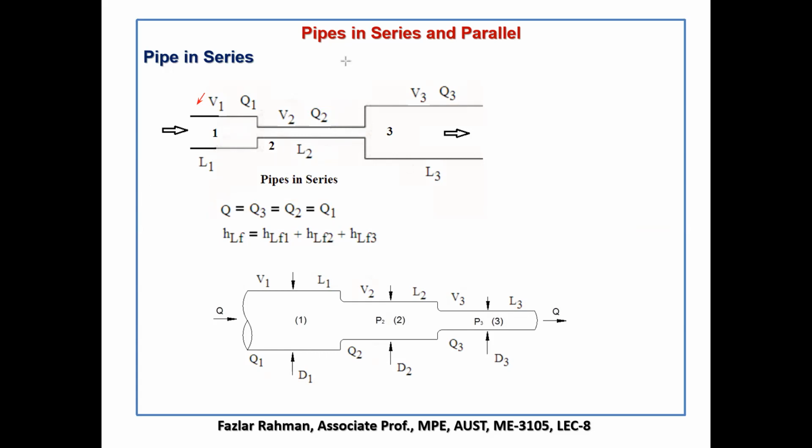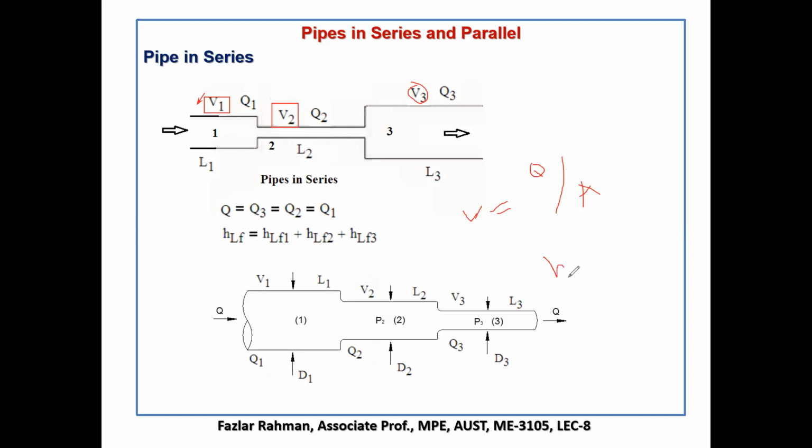For example, diameter over here, velocity V1, and over here velocity V2. Because what is the Q? V equal to Q by A, right? So if the cross section varies, then V will vary. So V is different in different sections.